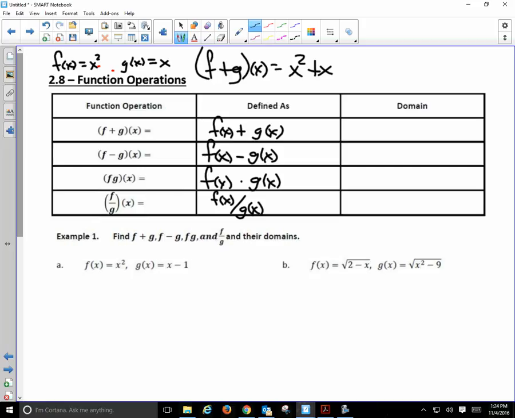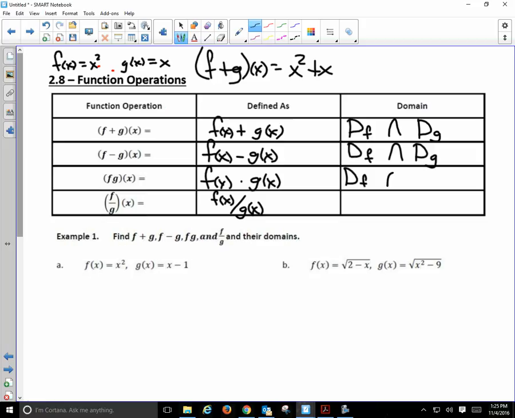The domain in this situation happens to be the domain of f plus g, the intersection, or the overlap of the domain of f and the domain of g. And it's the same thing here. The domain of f overlap with the domain of g. And same thing here.